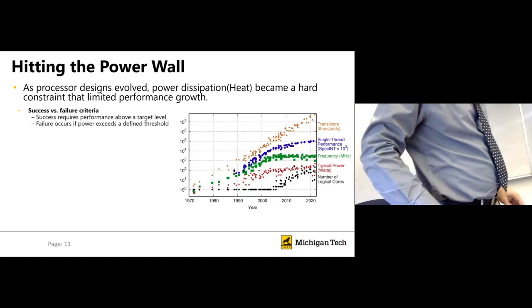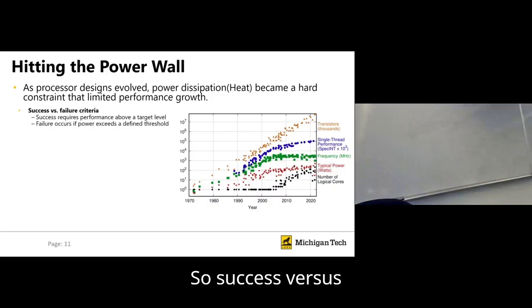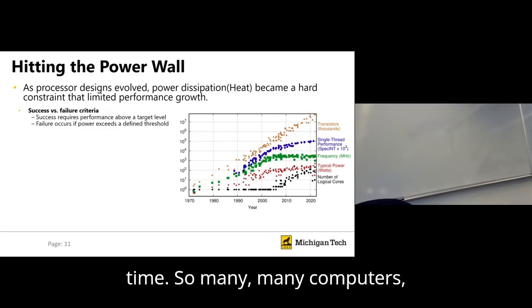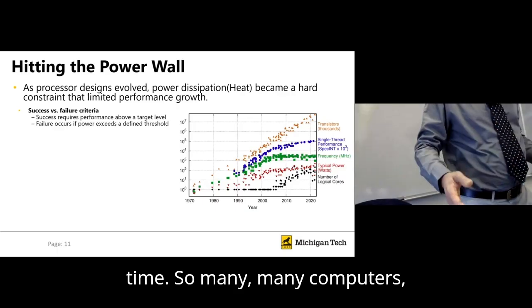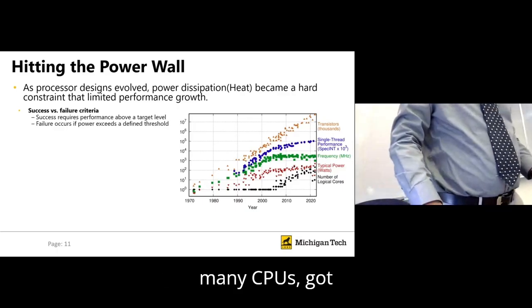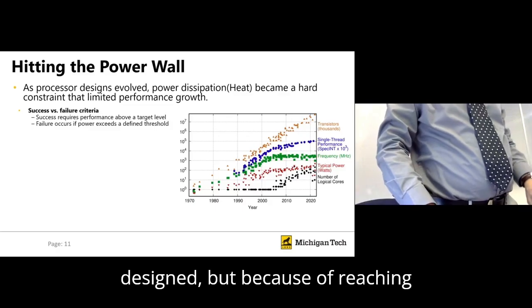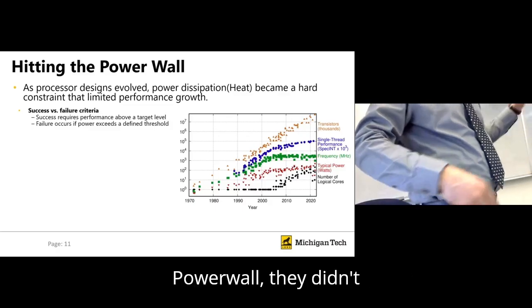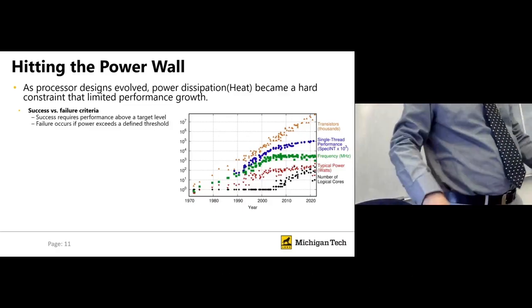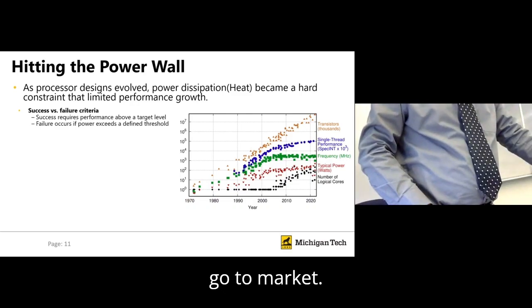Okay, so success versus failure was very related to this power wall at that time. Many CPUs got designed, but because of reaching the power wall, they didn't go to market.